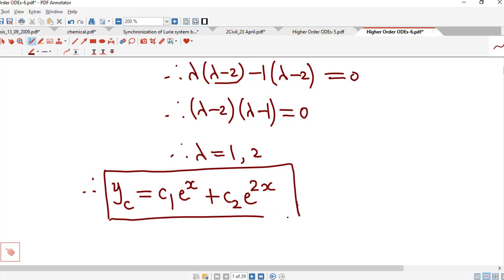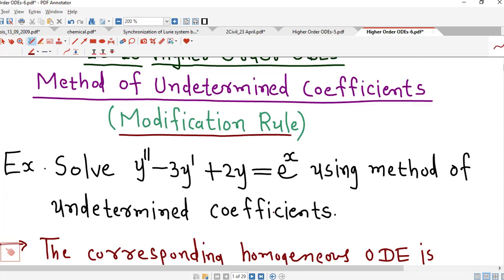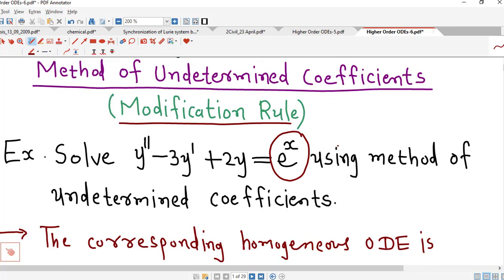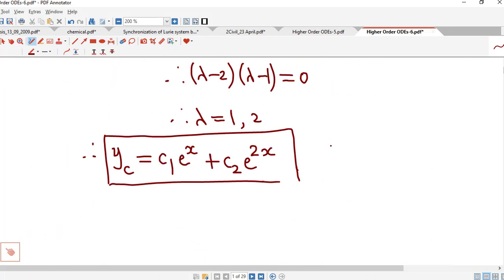Now what the modification rule says is that your choice for the particular integral depends on the function on the right hand side. Here the function on the right hand side is e raised to x. So the family of derivatives for this function is the set containing e raised to x only.